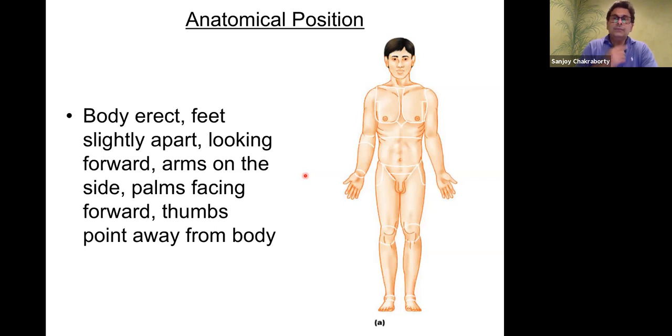It's not easy if you don't know some terminology. You may say it's in the thoracic cavity, in the chest. Which side of the chest? If it's the left side, is it this side of the left or the middle? So a lot of complication arises until we clarify with some terminology. That is what we're going to learn now.